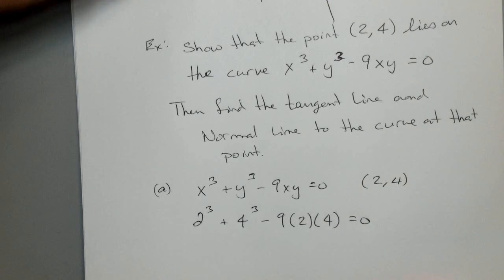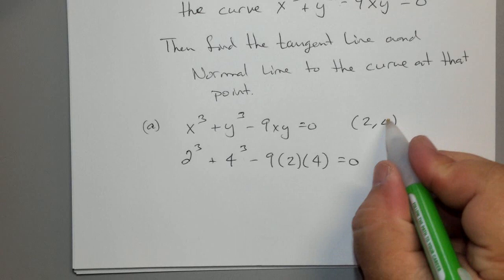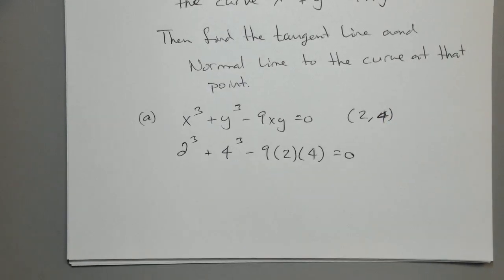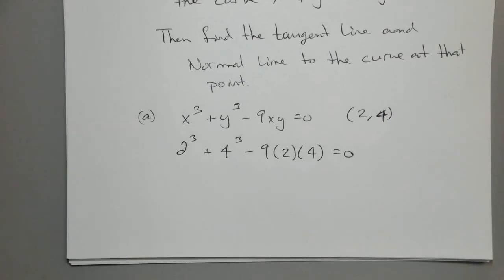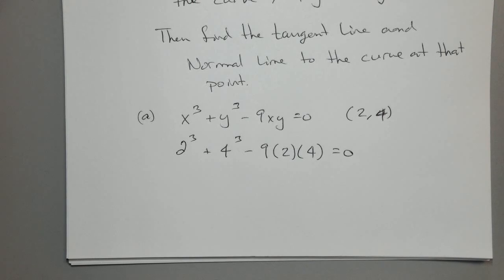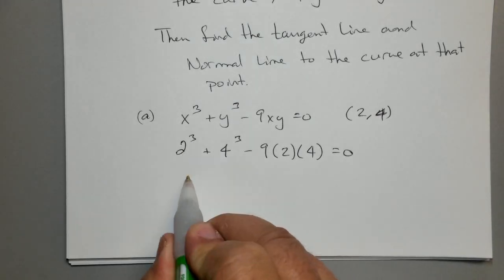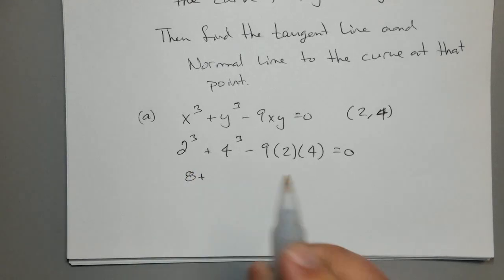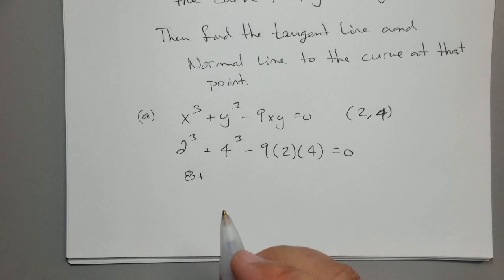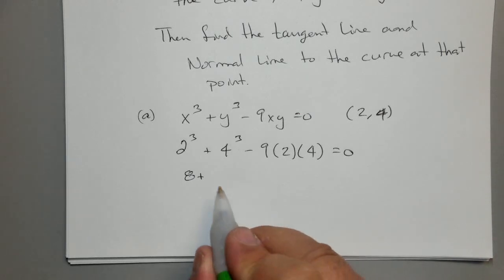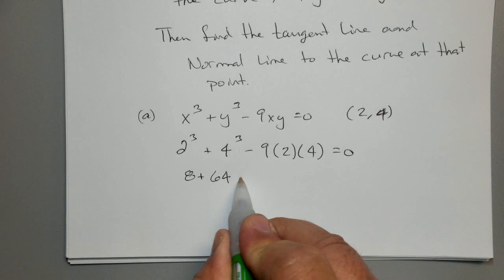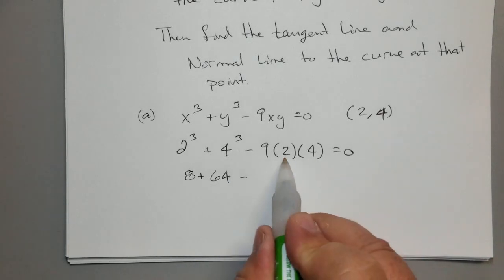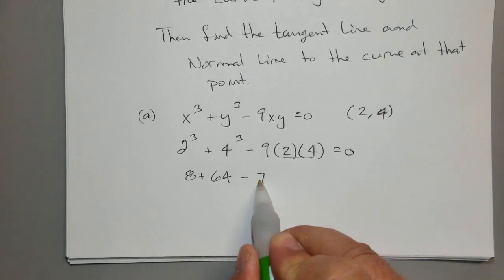Does that equal 0? 2 cubed is 8, 4 cubed is 64, 8 times 9 is 72.